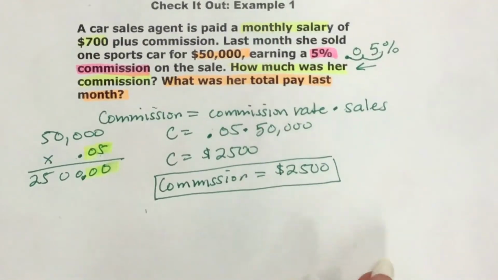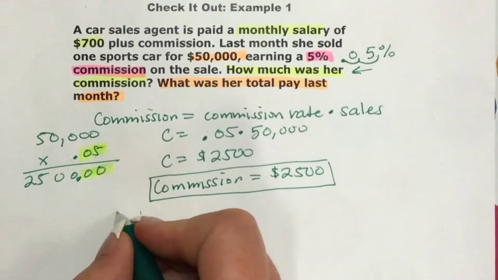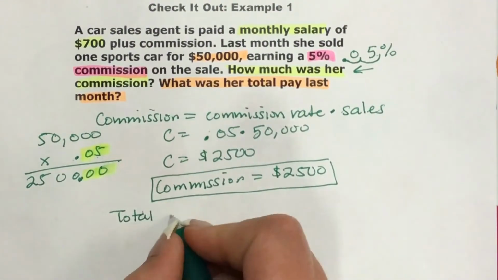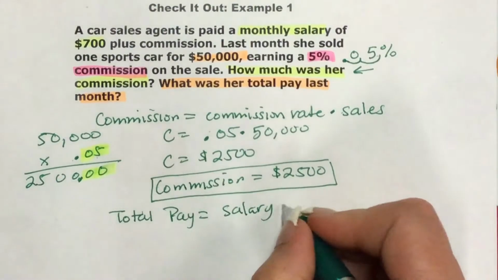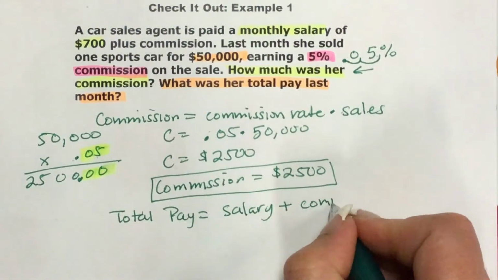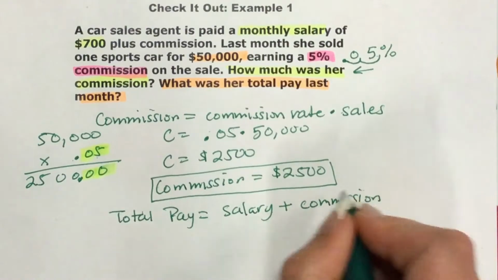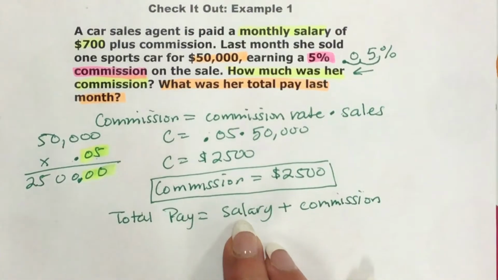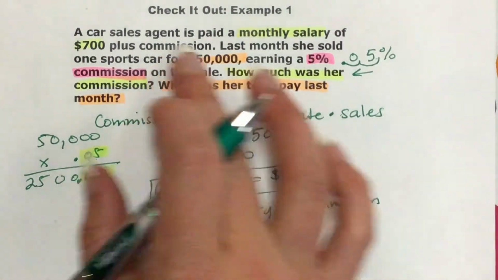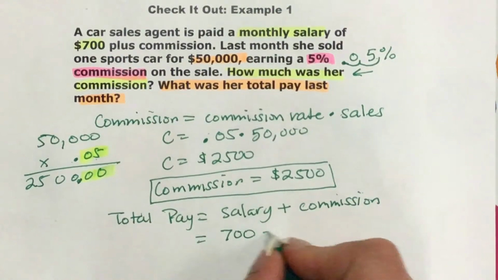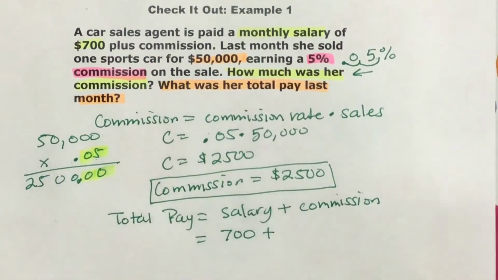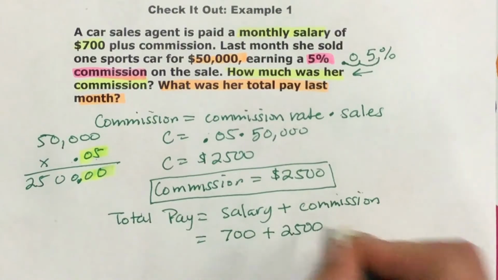Okay, now we need to determine the total amount of pay. And if you remember, the total amount of pay is found by taking the salary and then adding the commission to it. So the salary, if we look back at the problem, she got a monthly salary of $700. So it's going to be $700 plus the commission, which was $2,500.